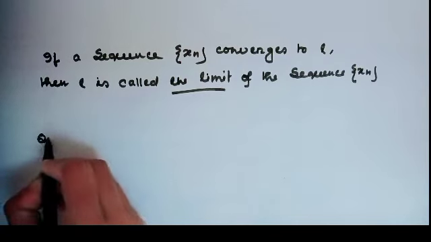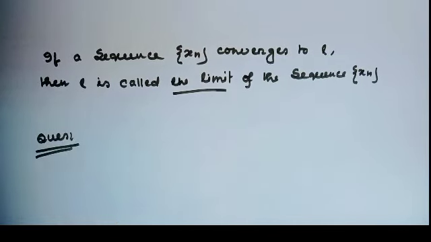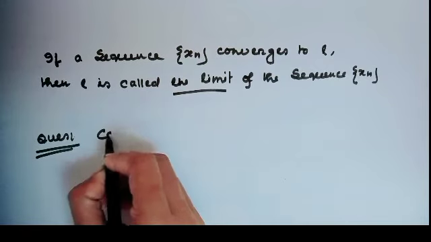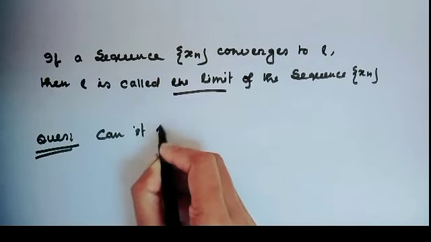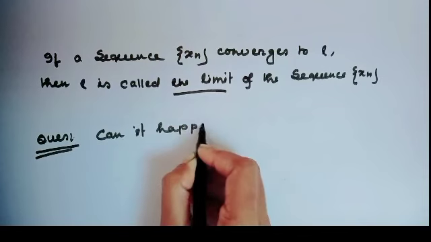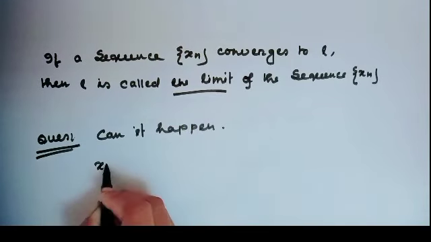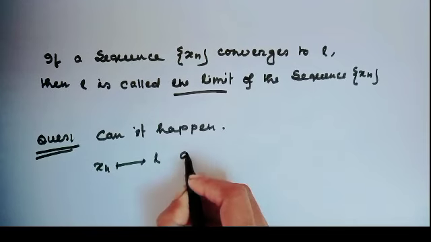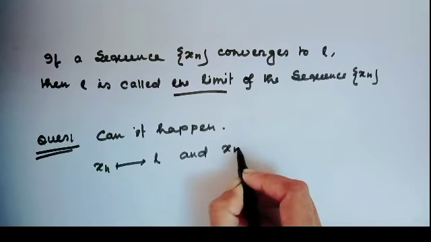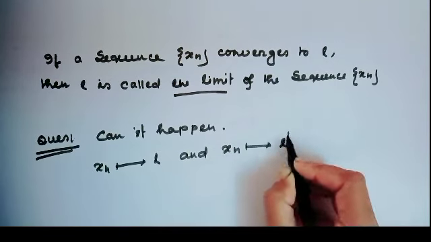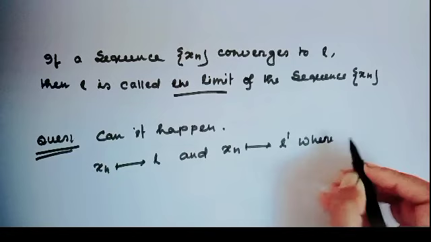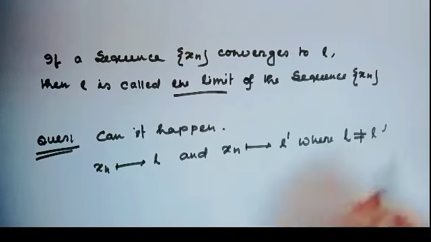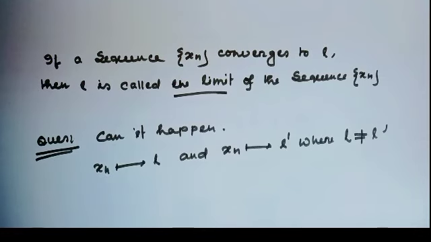Question: can it happen that xn converges to L and xn converges to L prime, where L is not equal to L prime? Is this true or not? This is my question. Let's see the proof.